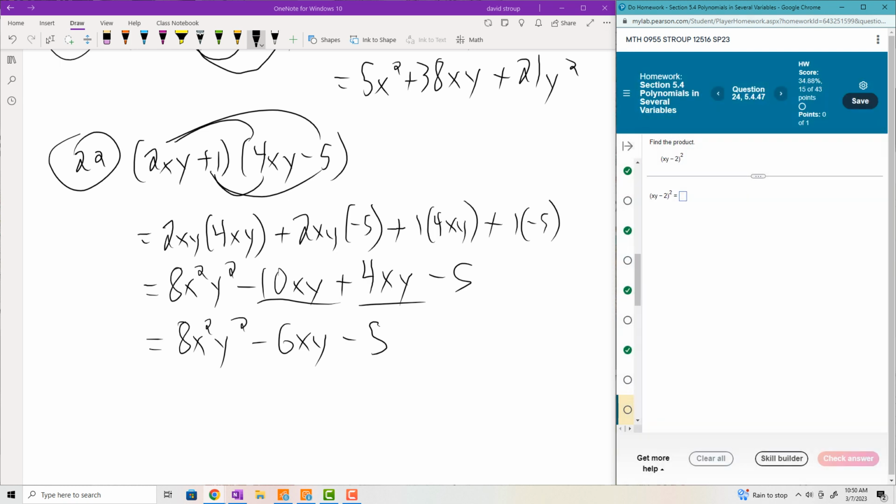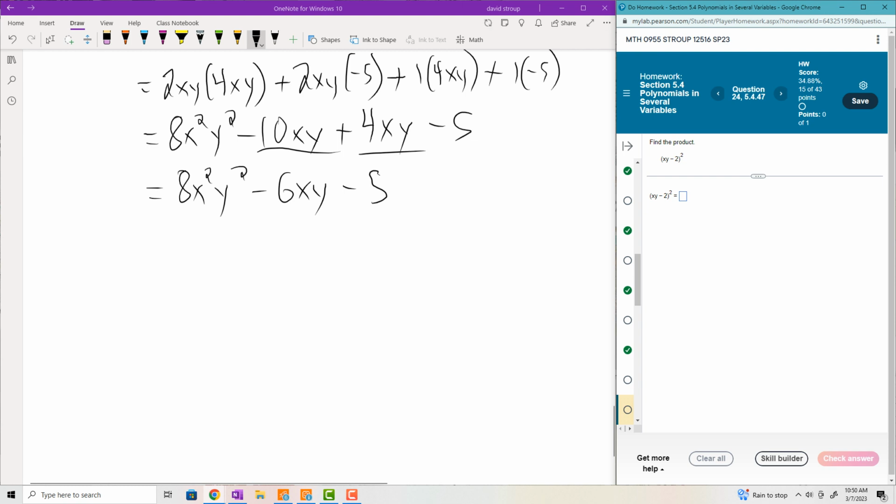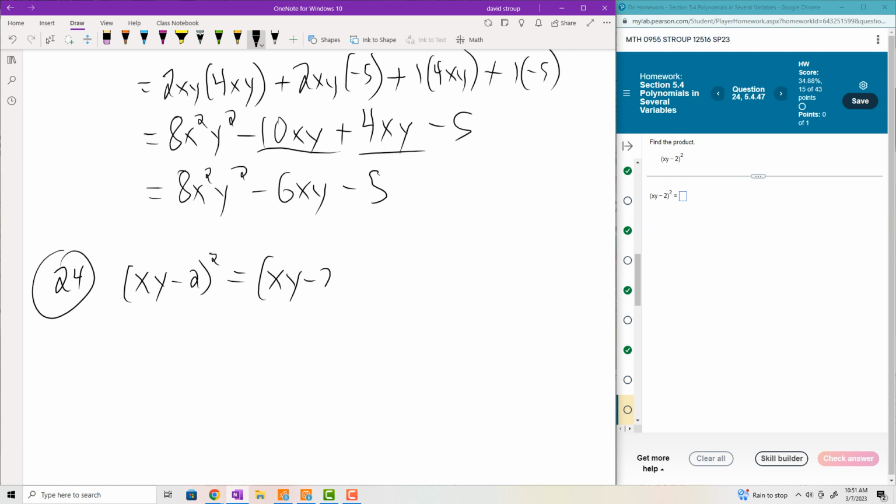Okay, so now we're on the special products. Remember, for this kind of problem, xy minus 2 squared, you have to FOIL it. So it's really xy minus 2 times xy minus 2, and you have to FOIL it.